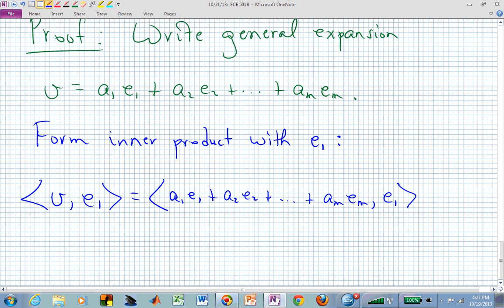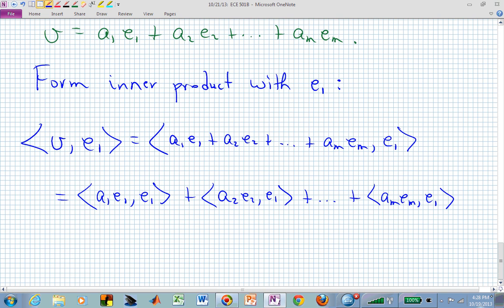And we know how the additive property of the first slot in the inner product works. We can then rewrite this as m such inner products: a1 e1 with e1, plus the inner product of a2 e2 with e1, and so on down to the inner product of a sub m e sub m with e sub 1.